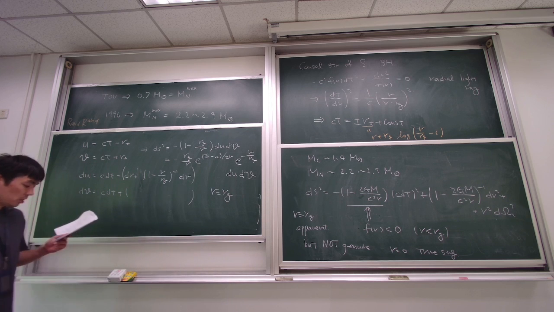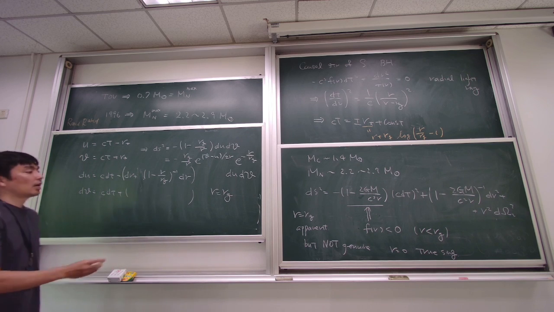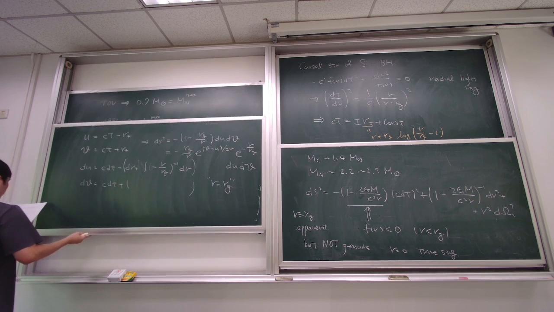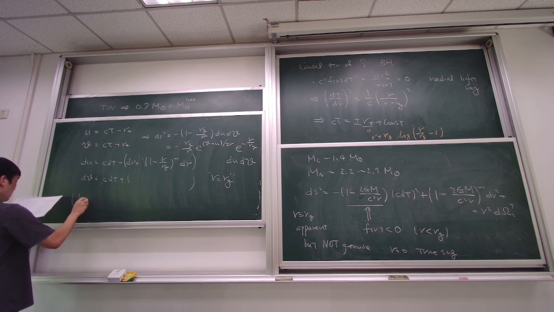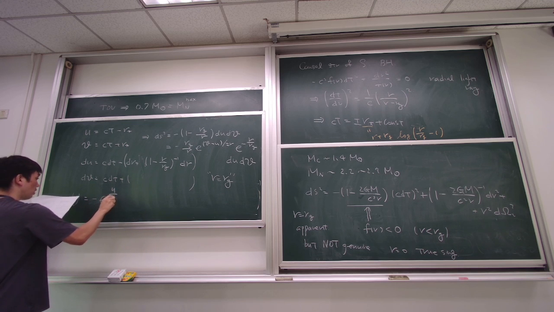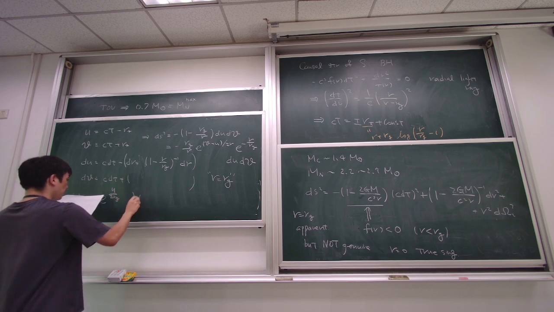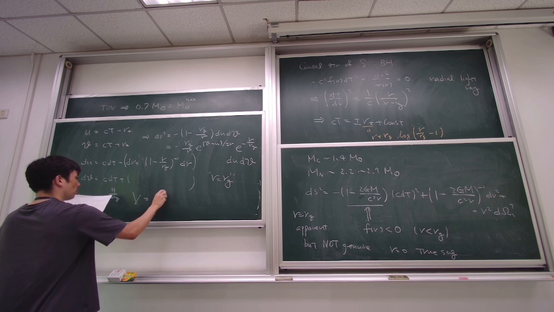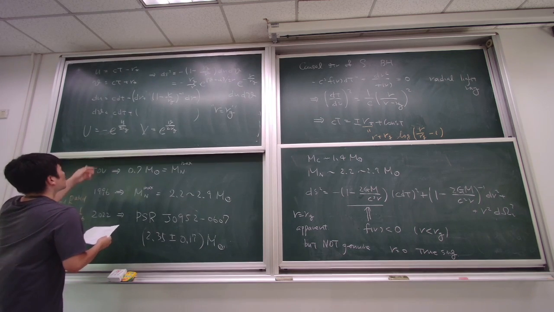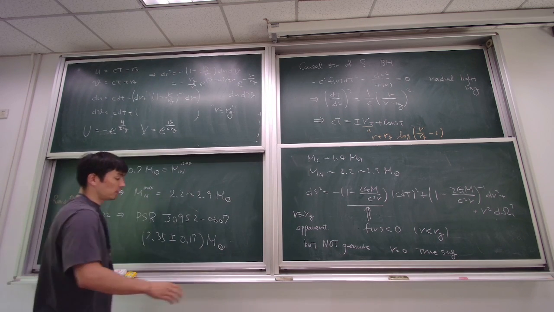Okay. So to avoid this coordinate singularity, we further define the following thing. Capital U is equal to minus e to the u over 2rg, and capital V is equal to e to the small v over 2rg, and write down the metric.